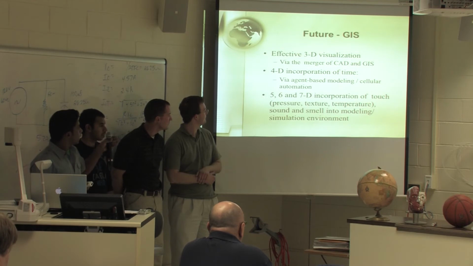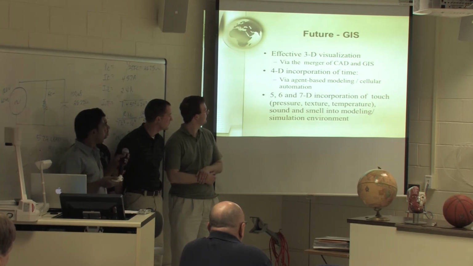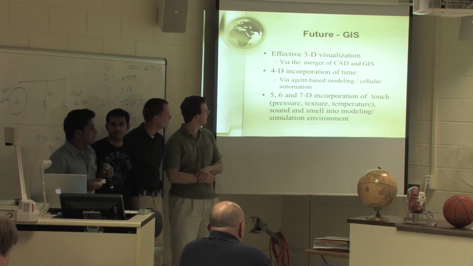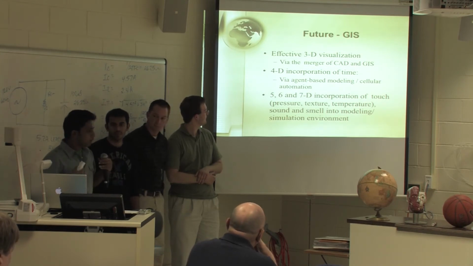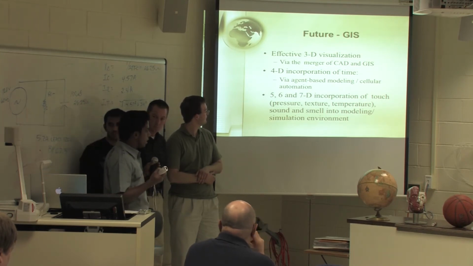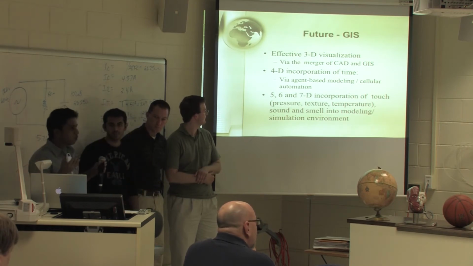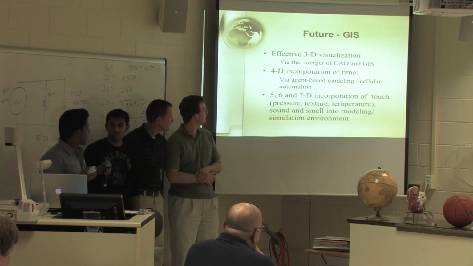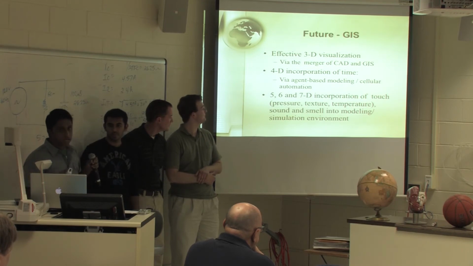And regarding the 4D environment, like we can see in various movies, the person is exposed to wind and sprinkling of water, like we see in theaters. And 5D, 6D and 7D incorporate touch, where we can experience pressure, temperature, texture, and sound in the modeling environment.